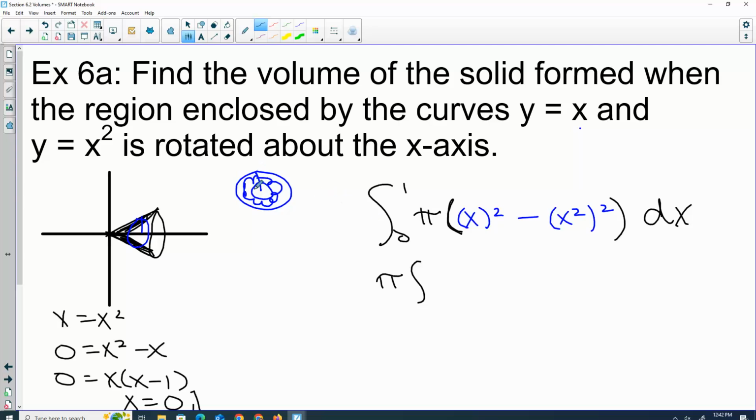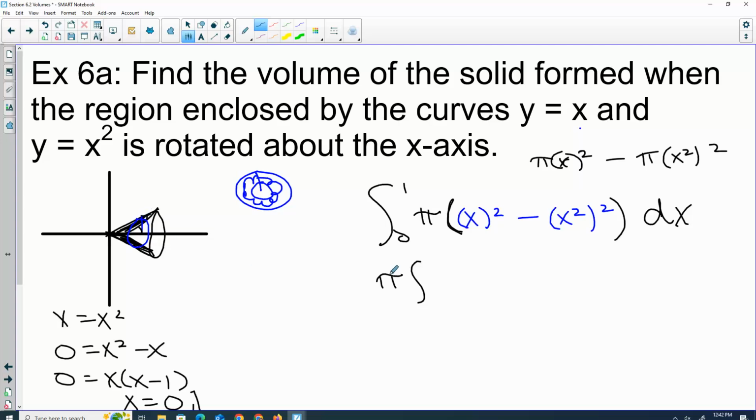So it's like the outside circle minus the inside circle. So we don't actually square the entire thing. If you wanted, you could do the pi with each of them. So it's like the area of the outside minus the area of the inside. How do you pick the outside and the inside? Think about if you drew your radius from the x-axis, the furthest one out.